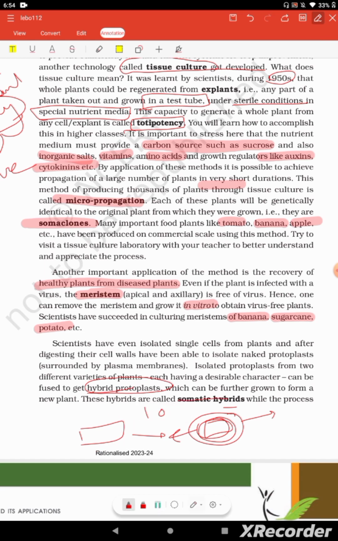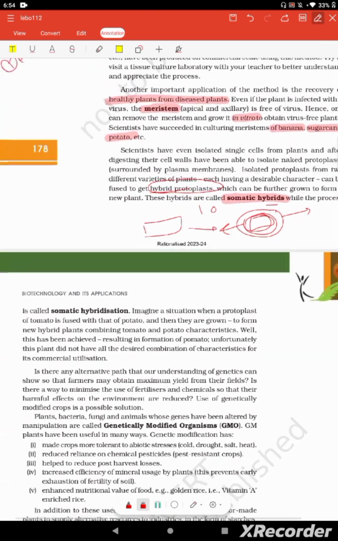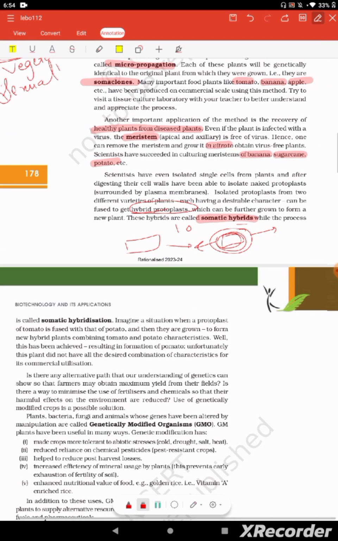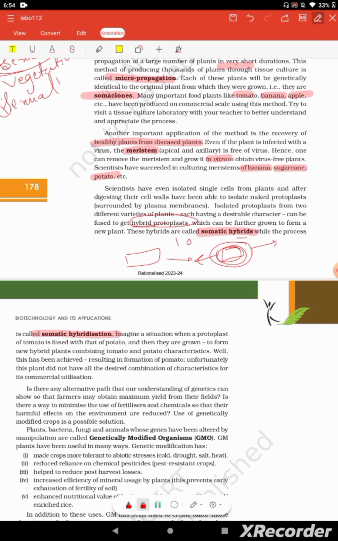There would be no variation in this because you are just combining the characters of two different species without any kind of exposure to UV light or any kind of mutagens. This process is also known as somatic hybridization.